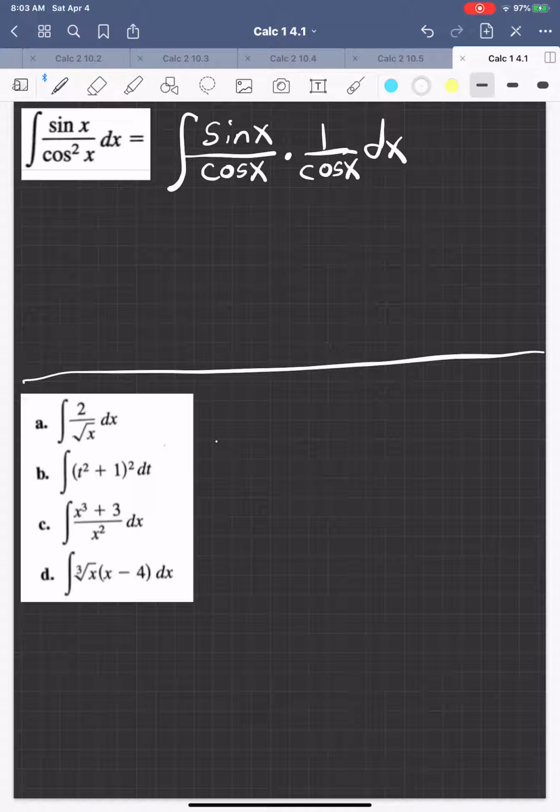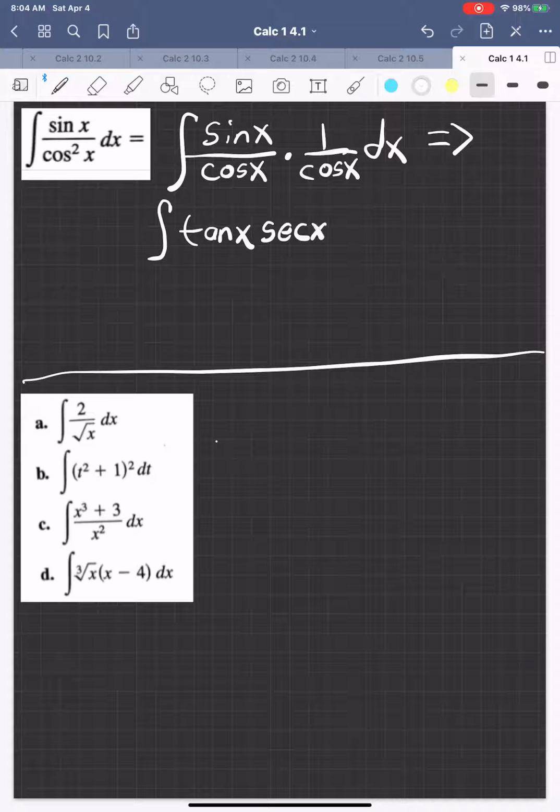That's perfectly legal for me to rewrite. Now, sine over cosine is just tan of x, and 1 over cosine is secant x.